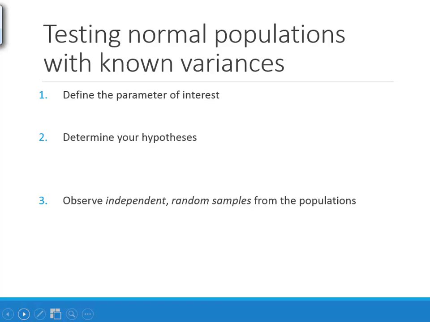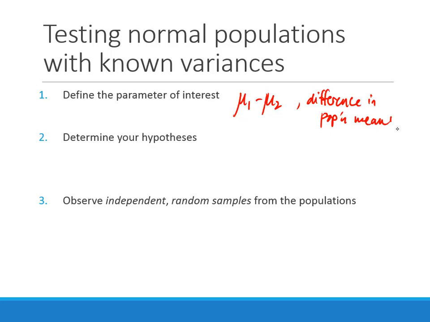So first of all, we'll start out in our case 1, where my population is normal and I know what the variance is, our usual case here. What's the parameter of interest? I'm interested in mu1 minus mu2, the difference in population means.